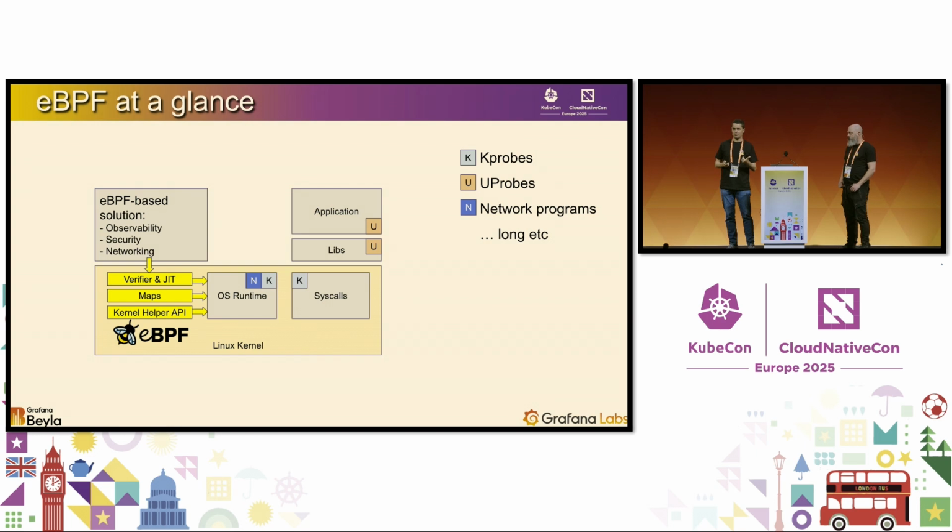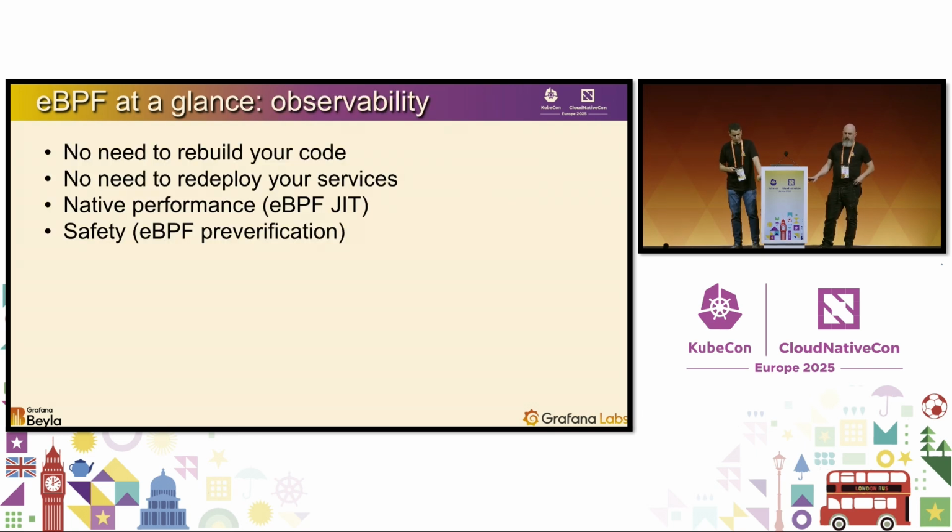You can run kprobes that will be triggered upon given kernel events, but also you can load uprobes. You can add probes into the user space application, in libraries or in the actual application executable.